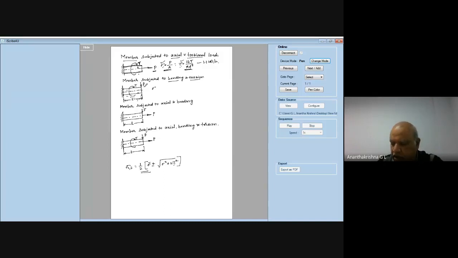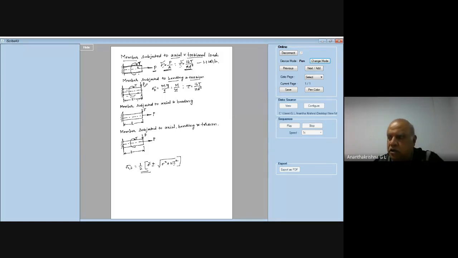So the bending stress sigma B is given by M into Y by I, that is also equal to bending moment divided by section modulus. At the same time, it is subjected to torsional moment T, so the shear stress is equal to 16T by pi d cube.